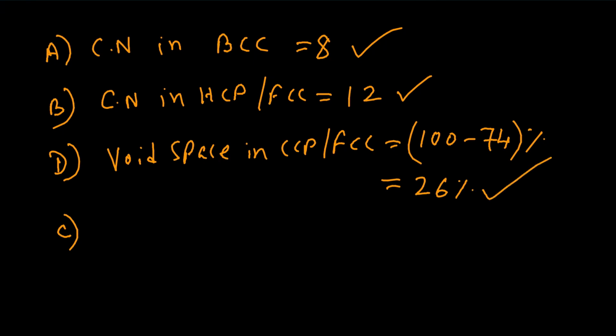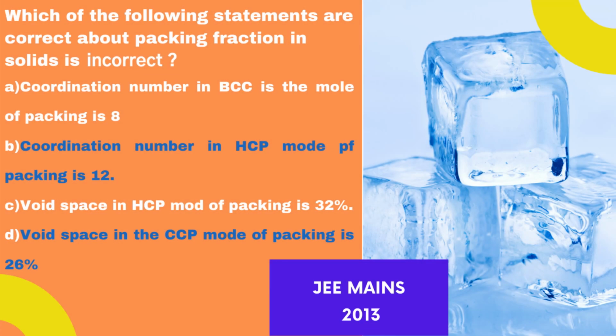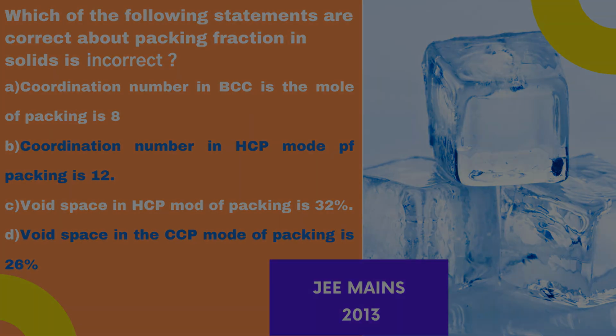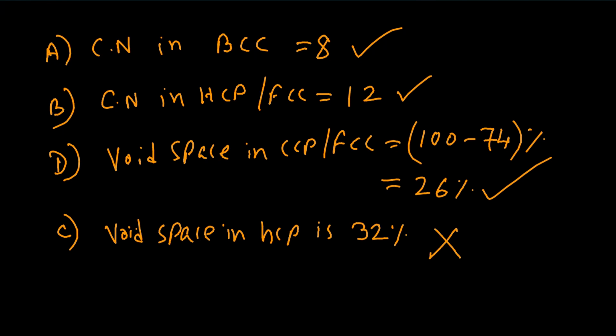So the only option that is left is option C, void space in HCP mode is given as 32%. This will be incorrect because I have just told that HCP, FCC and CCP all are equal, and for FCC the packing fraction value is 74%.